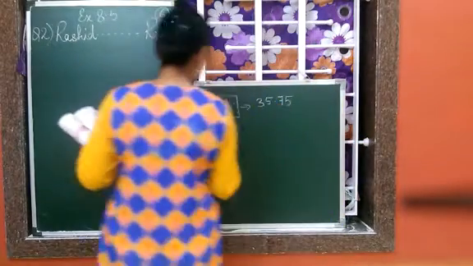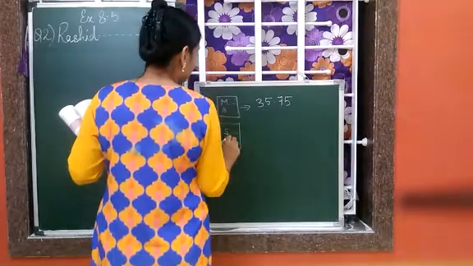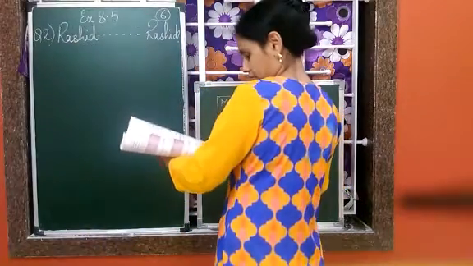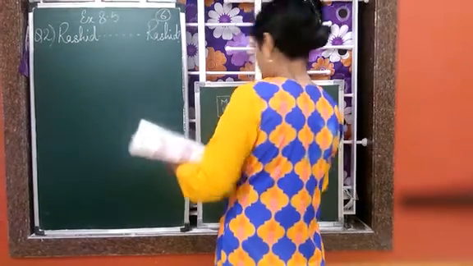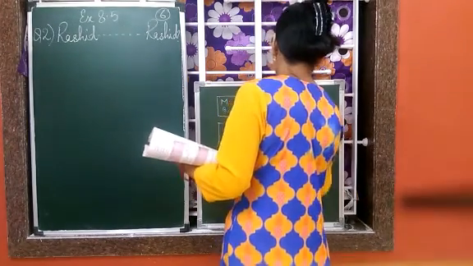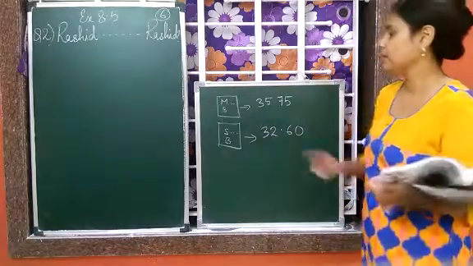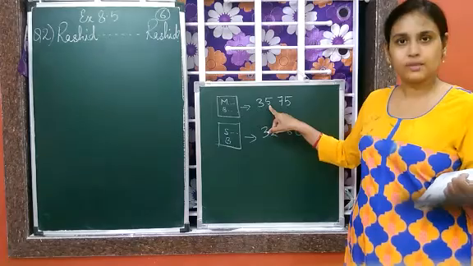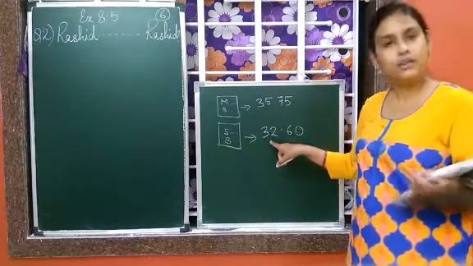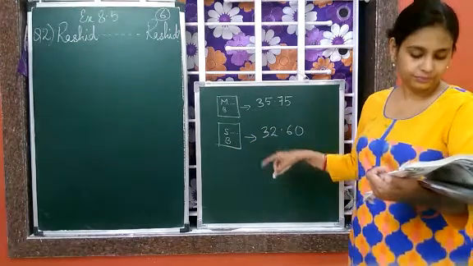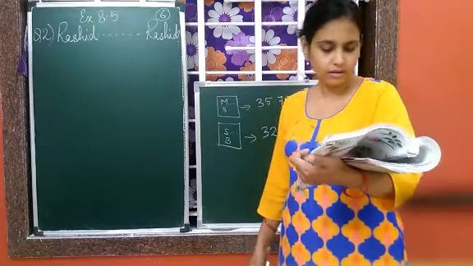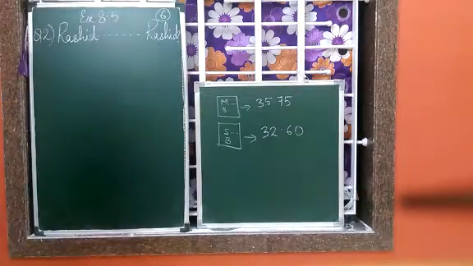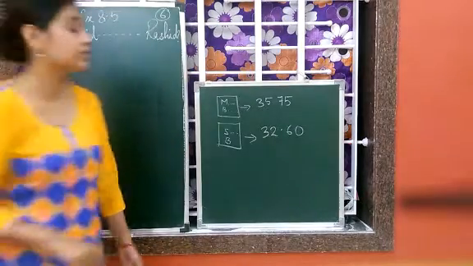So he is also buying a science book for rupees 32.60, correct? So this Rashid is buying a maths book for this much and a science book for this much, okay. So find the total amount spent by Rashid. So we have to find the total amount.